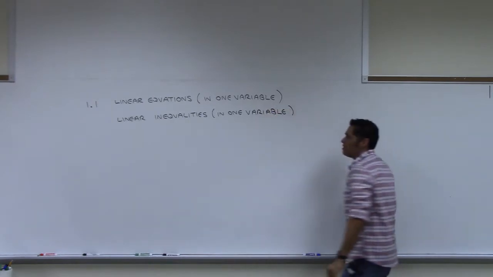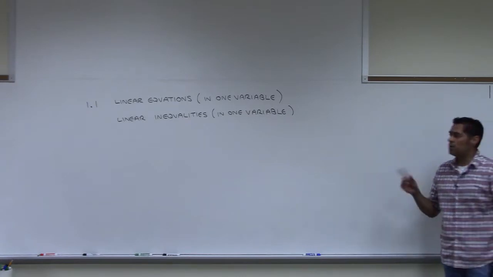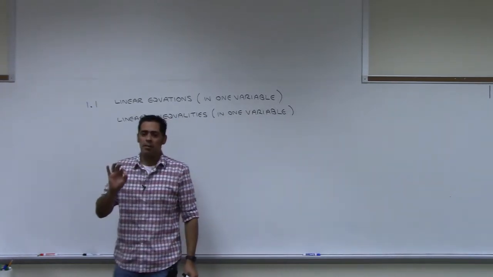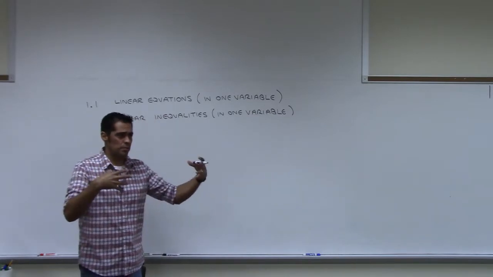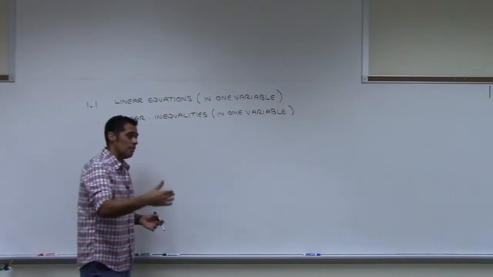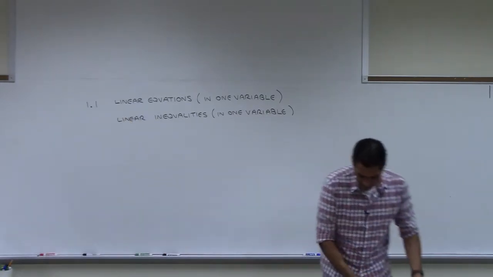All right, so that's what we're going to look at today, linear equations and linear inequalities. But both of these topics, we're only going to have one variable in the actual expressions. We're not going to have multiple variables. That'll come later. So let's start out with the first example.